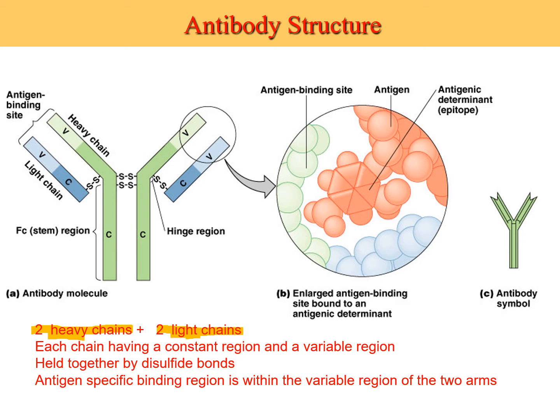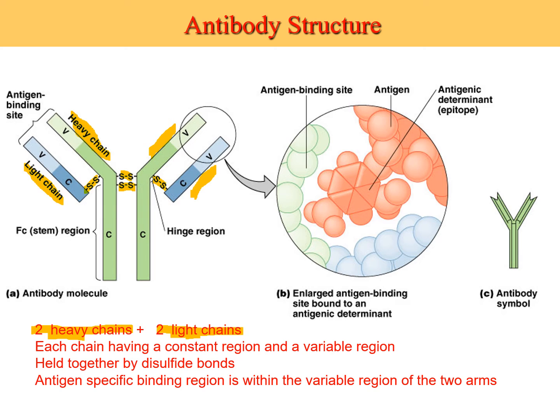And here you see the arrangement in a stick figure drawing of the heavy chains. One of them is on that side and the other one's on this side in green, and the light chains in blue. And these 4 chains are held together by disulfide bonds arranged like this.